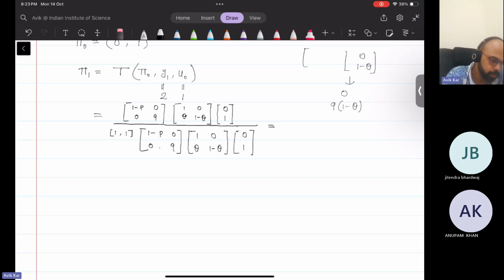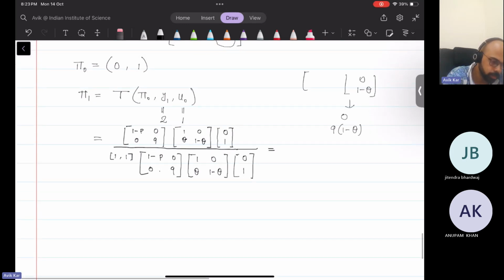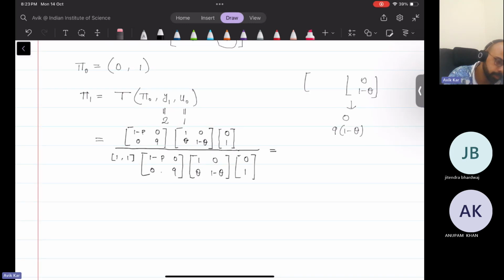Okay, this is strange, because this is becoming 0 and 1. There might be some calculation mistake. The belief state is also now 0 and 1, so this is sort of impossible.